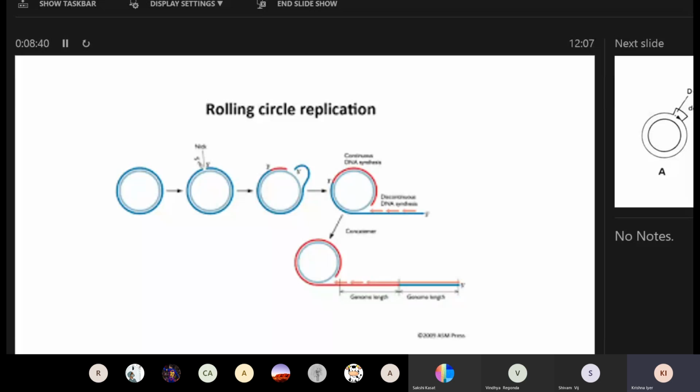And as this strand is released, you get Okazaki fragments coming in the other direction. Then they are sealed to give you pieces of DNA which are the same length as the original. And I can simply recircularize them and get more and more copies of this double-stranded DNA.